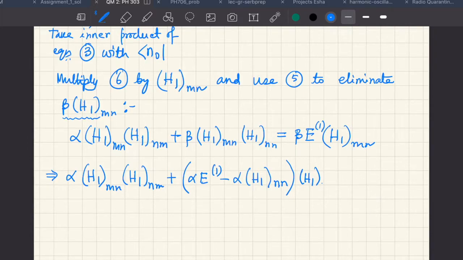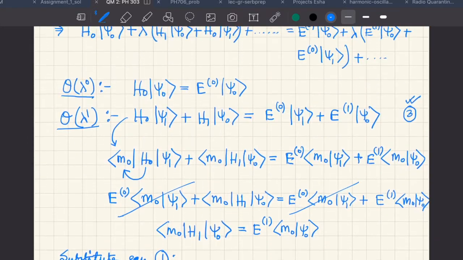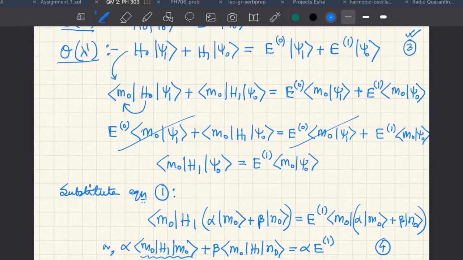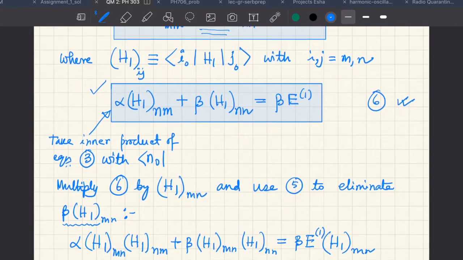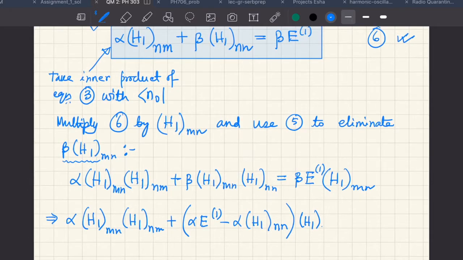I think I made a mistake here; this should be m here and n here. So this is equal to alpha E1 minus alpha H1 mm multiplied by E1.